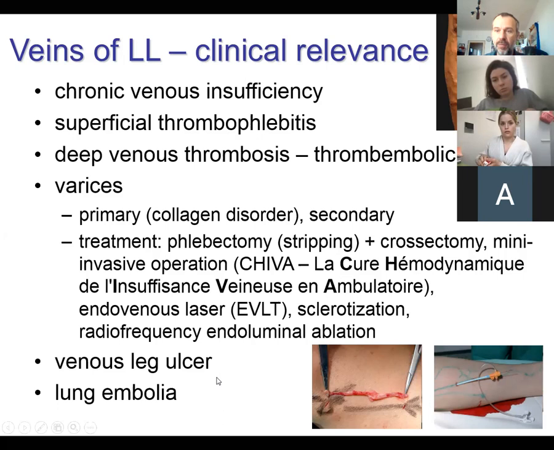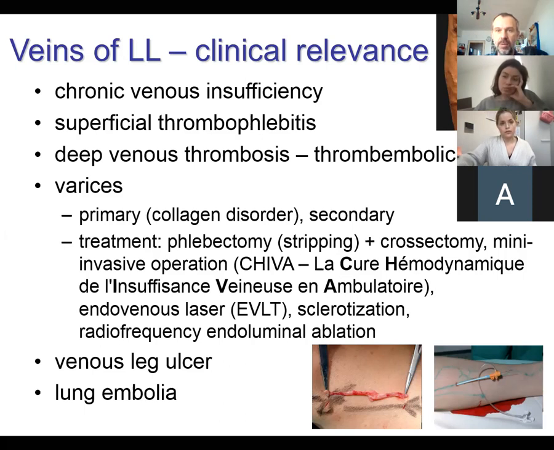So if you have varix, you can have two problems: thrombosis and embolism, lung embolism, and you can have venous hypertension, and a venous ulcer can develop. And you cannot treat this ulcer before you remove the varices. How can you remove the varices?